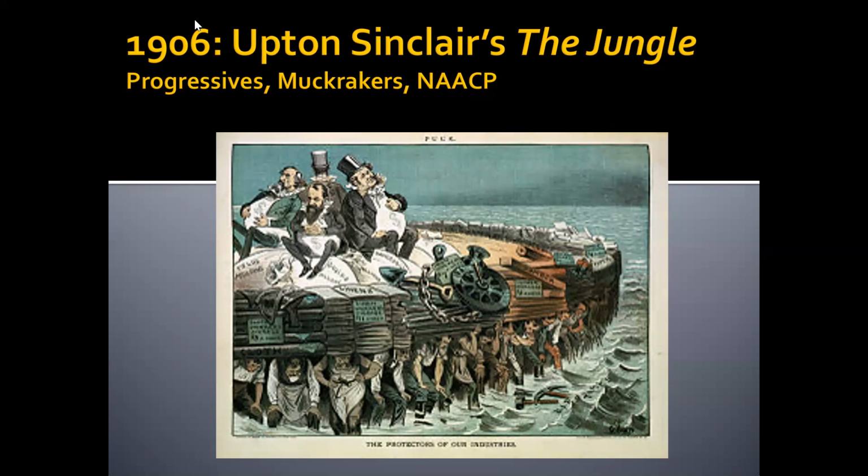So Upton Sinclair's The Jungle is a great example of the progressive movement, where a muckraker brings these negative aspects to light and that turns into actual change.